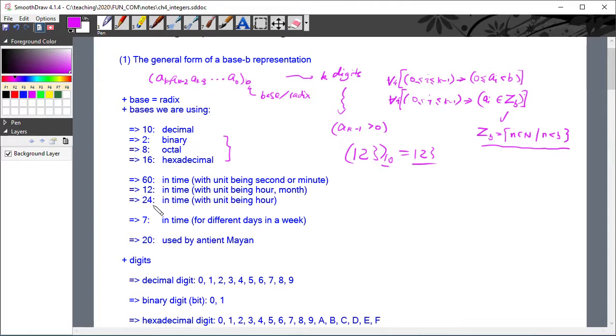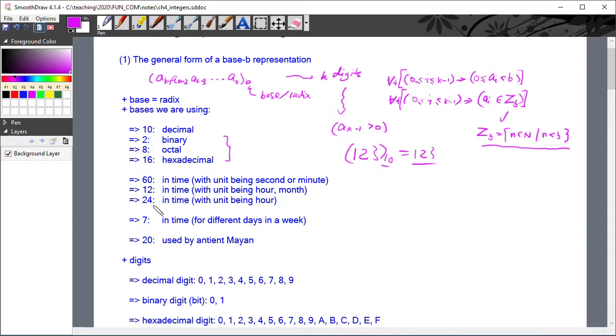Sometimes we are using base 12, in particular in some clocks or watches, from 0 to 11, there are 12 hours. By comparison, when you want to represent the hour in a certain epoch in the date, maybe 24 is a better base.